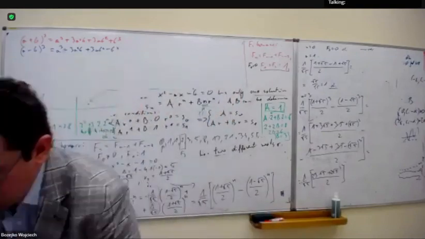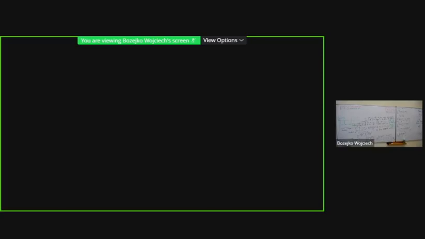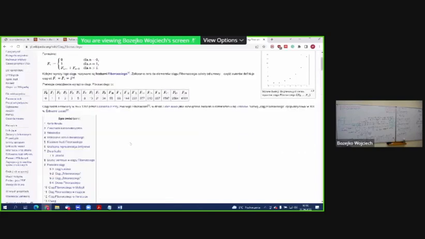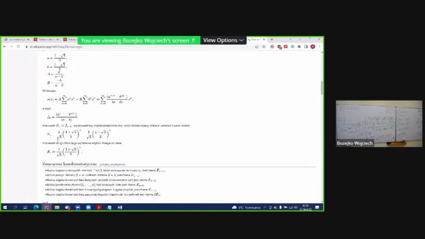I just check for a moment the Fibonacci general form, because I'm not sure if it is okay, but I think so. Where is it? Yeah. Plus, minus, okay. So it should be okay, because this is exactly the same.